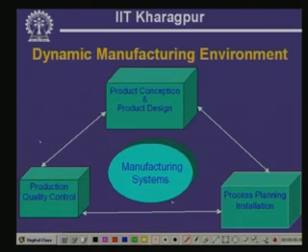So, you again conceive a new product, again you design it, again you make process planning and installation, and again you produce it. So, you see, this is a cycle: a product from its time of conception up to its time of selling has a certain life. Now, this life is crucially affected by manufacturing systems. So, now let us look at what is happening to this situation.